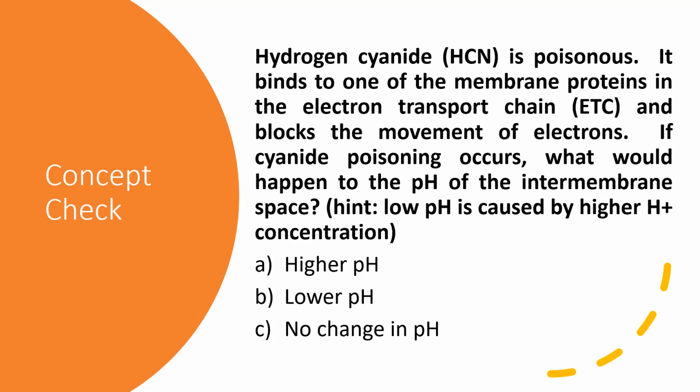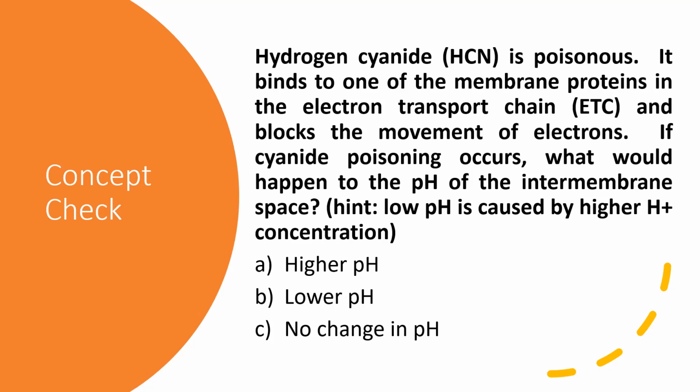Yes. It says here, low pH is more H+, right? More H+ makes it acidic. So because the cyanide blocks the ETC, we don't let the H+ go. We have less H+. That's why the pH is going to be high. You got to think this through.